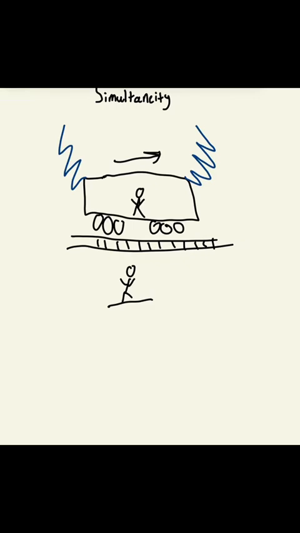Remember, to see something, we're seeing the light produced by that thing. The light produced from the lightning is travelling at the same speed and reaching the eyes of the observer at the same time because he's standing directly in between.